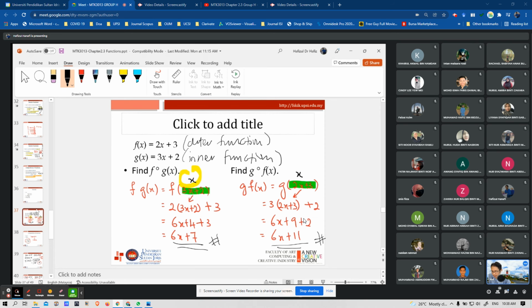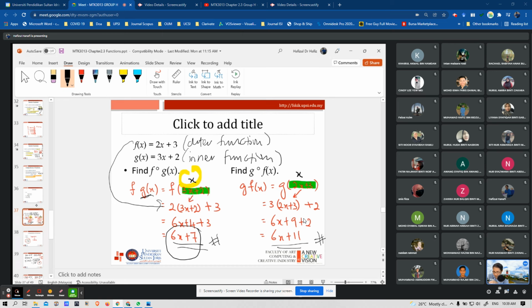And then this one we solve the inner function first. For f of g(x), g(x) is 3x plus 2, and we replace it in the function f, 2x plus 3, and then we find 6x plus 7.